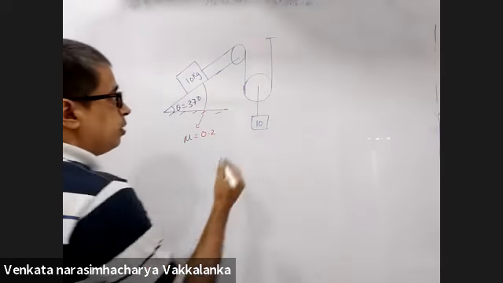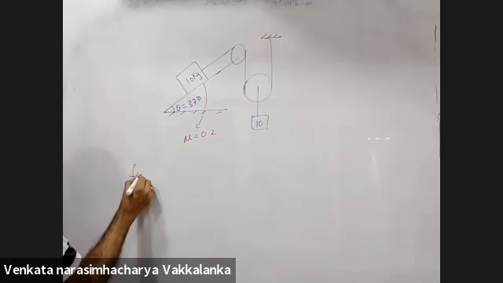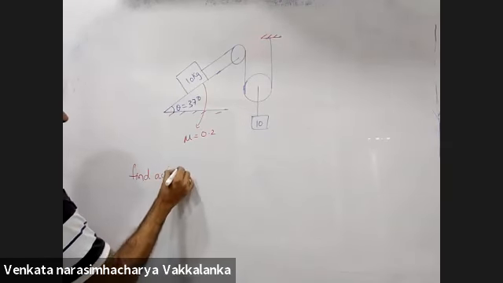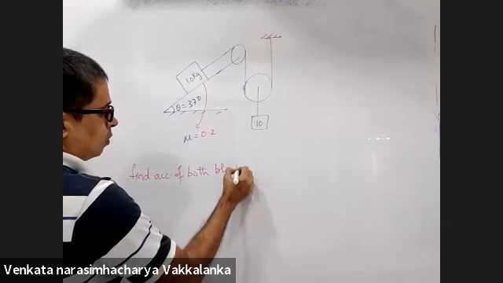Mu is 0.2. Find the acceleration of both the blocks.